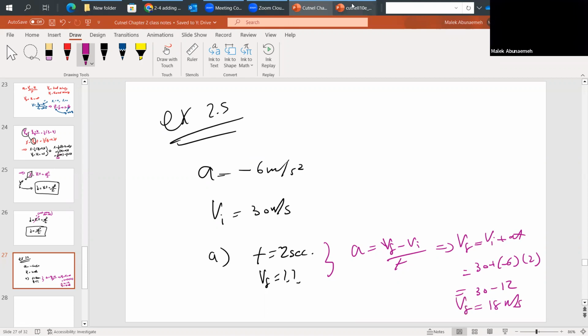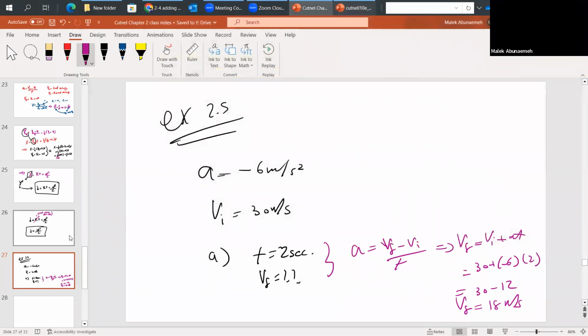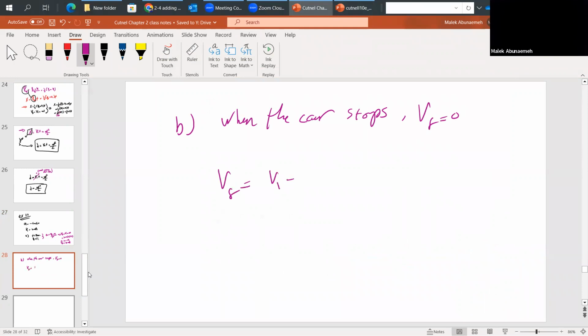The second part is asking for the total time needed for the car to stop. That's part B. When the car stops, your final velocity is going to equal 0, where your final velocity equals VI plus A times T, which equals 0.